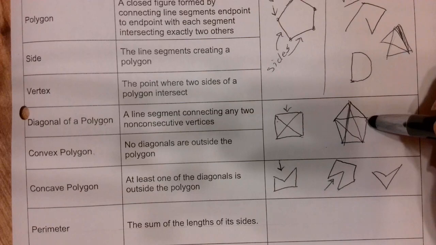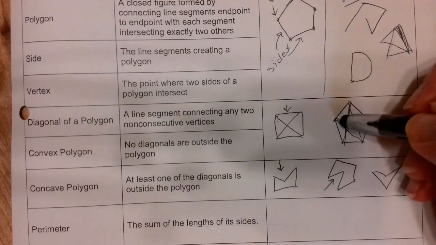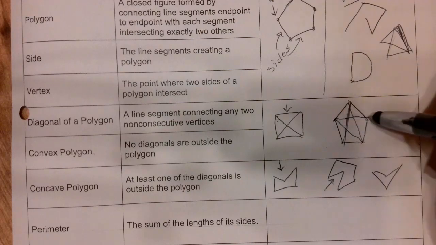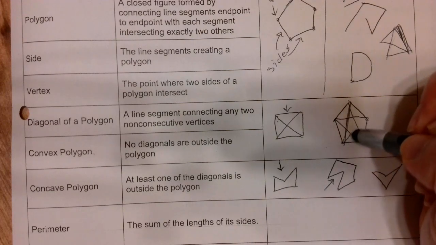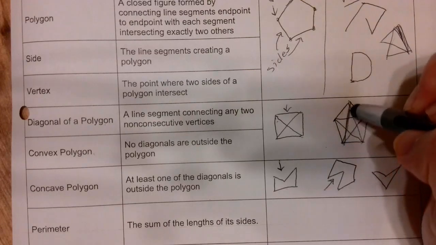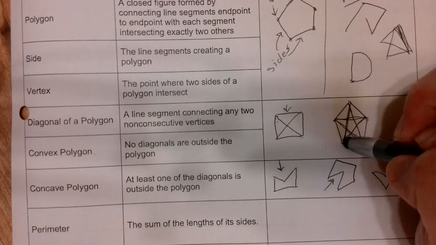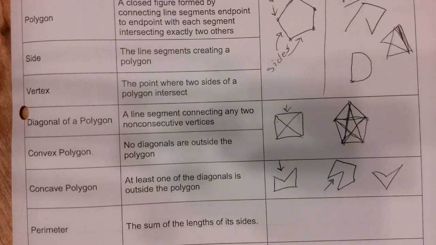The right side is already connected to the top. It's already connected to the bottom. It's already connected to the left already. We only need this one here. And now this bottom left corner is already connected to all of them. These on the inside that make the star, those are your diagonals, the ones going through the middle.